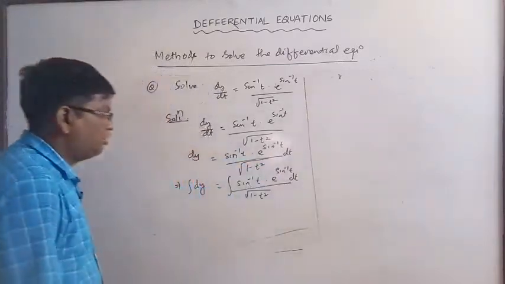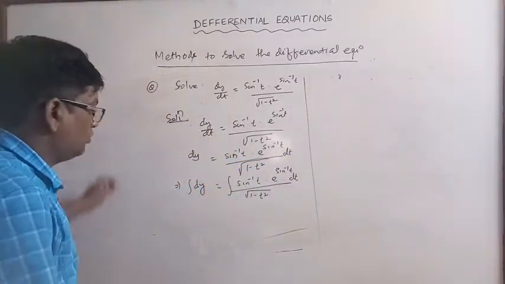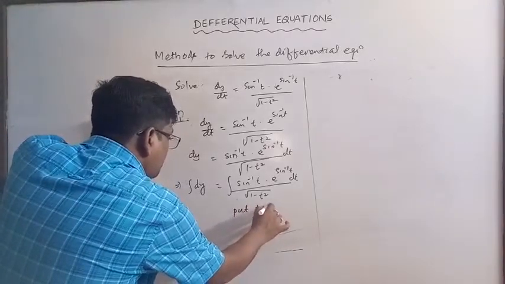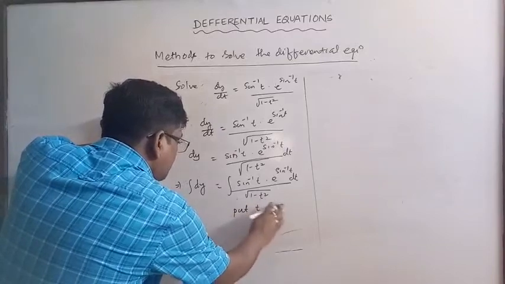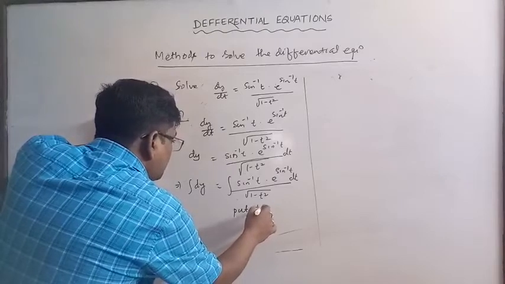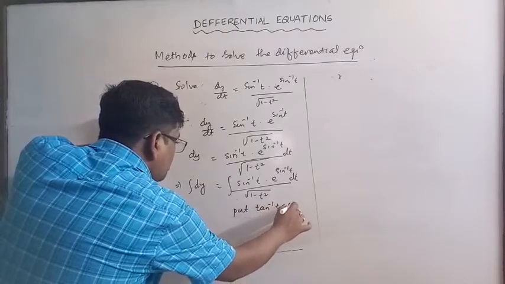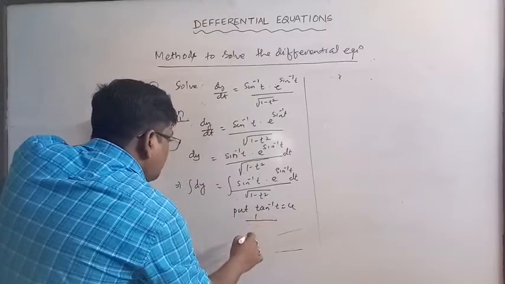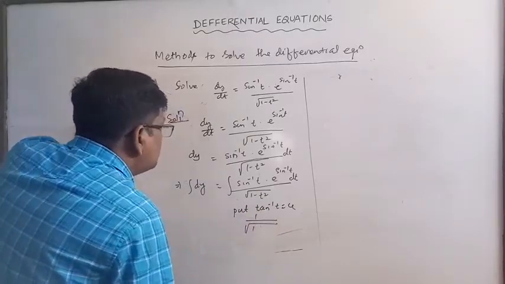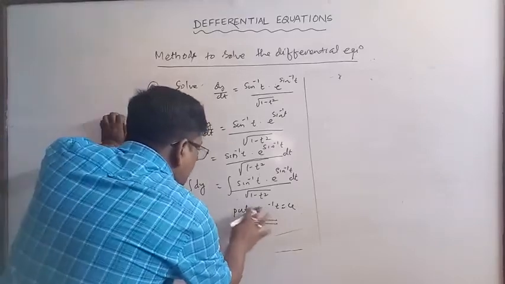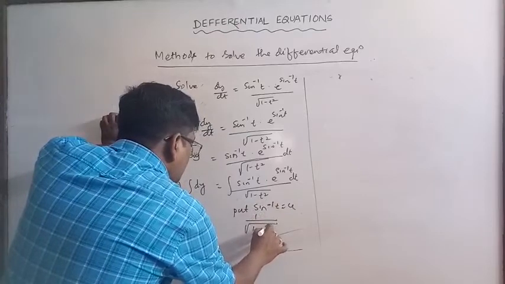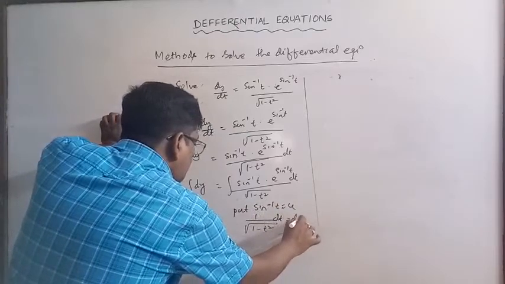Okay, now put sin inverse t is equal to u. Sorry, this is not tan, sin inverse t equal to u. So 1 by root over 1 minus t square dt is equal to du.